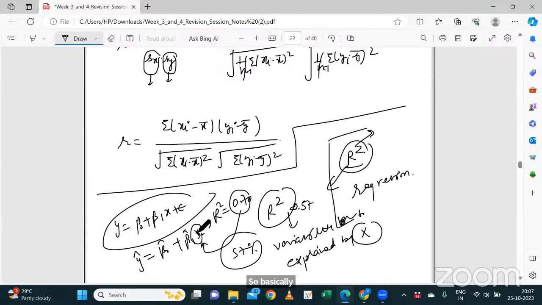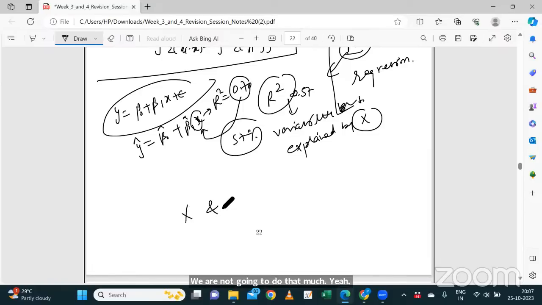Don't worry about that much. Sir, is it conceptually related? One is standard deviation and that thing, and R square is the same thing, variability here. It represents basically. See, if you see x and y, y is your dependent variable, response variable. X is the independent variable. Yes or no?